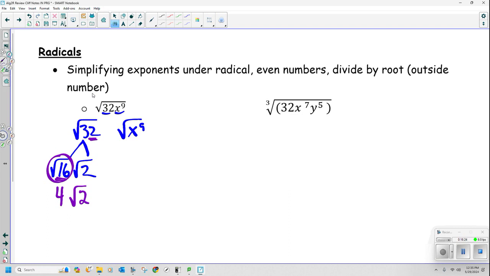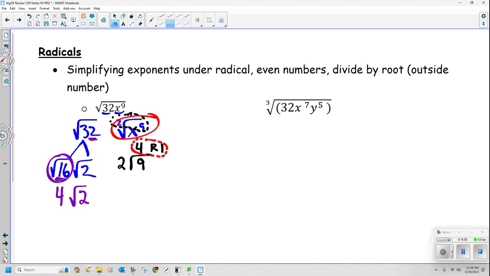X to the 9th. Remember, this is a square root. This just turns into a division problem. Look what I have here. It looks like I have 9 divided by 2. 2 goes into 9 4 times, with a remainder of 1. This right here is going to tell you how to simplify what I originally started with.